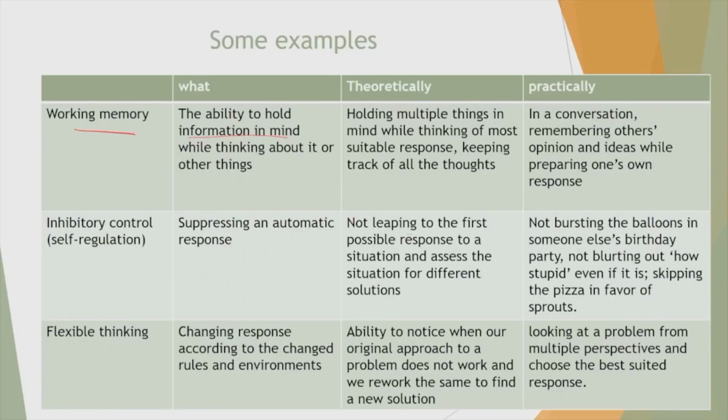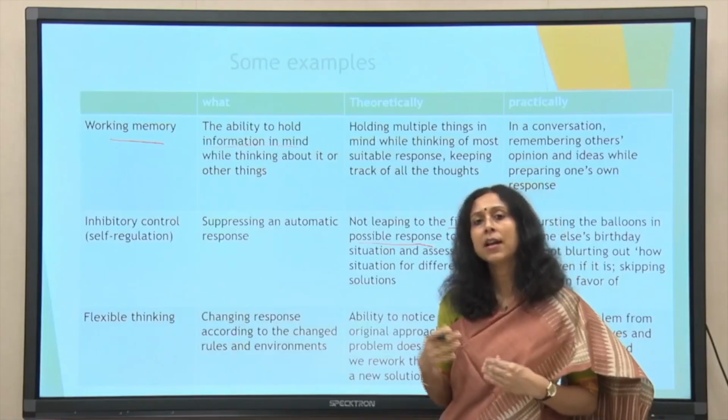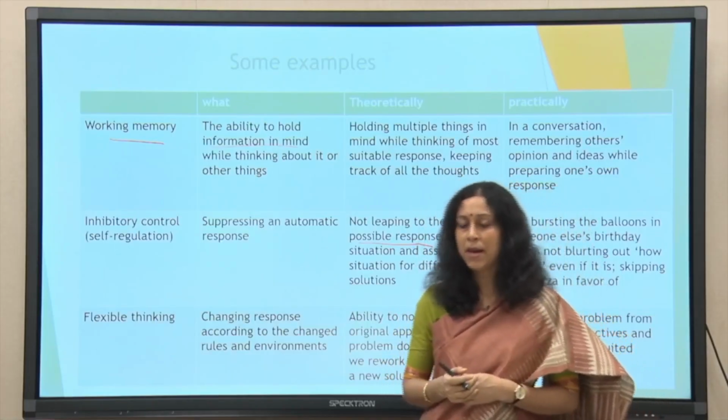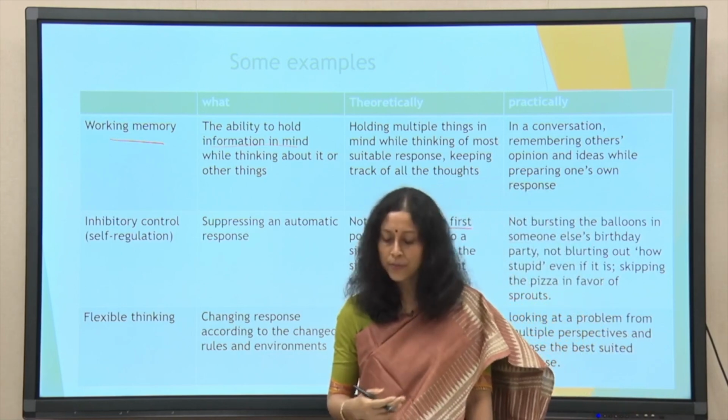So, for example, not leaping to the first possible response to a situation, and assessing the situation for different possible solutions. A particular scenario given a particular group of people might demand a different kind of solution with different goals in mind. This is where inhibitory control plays out.